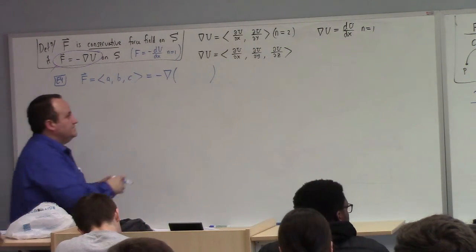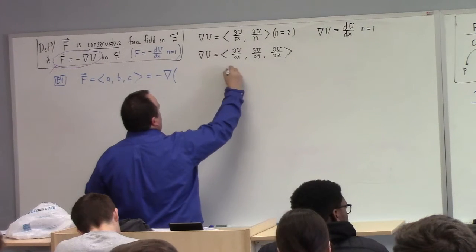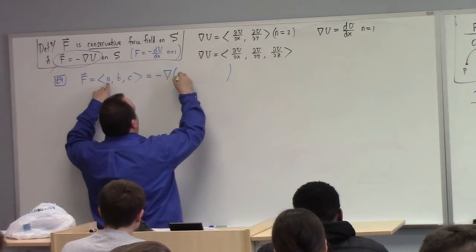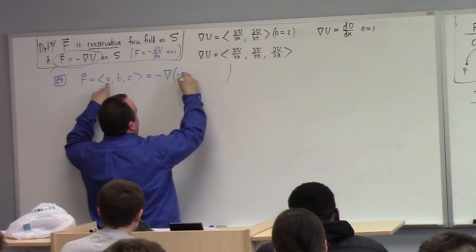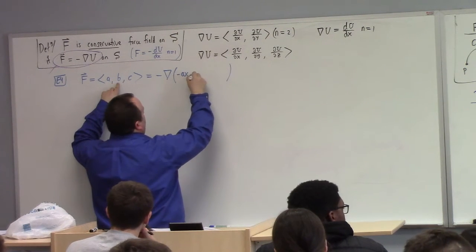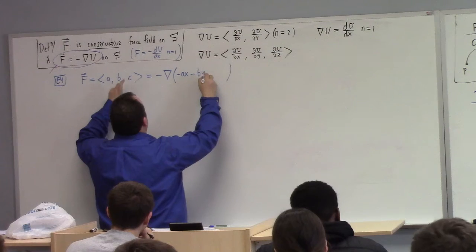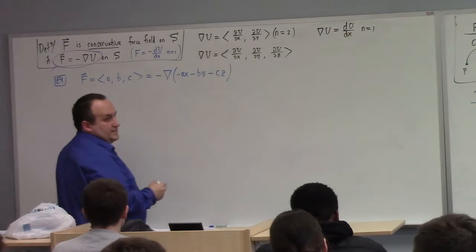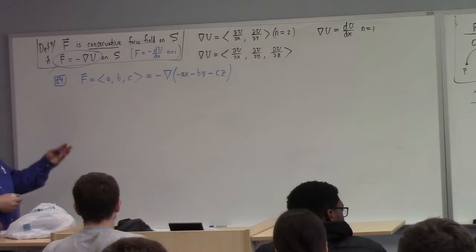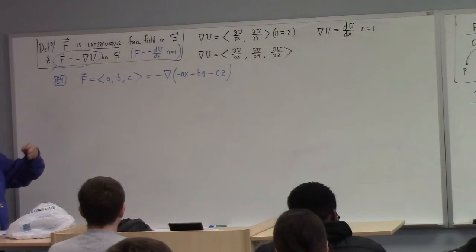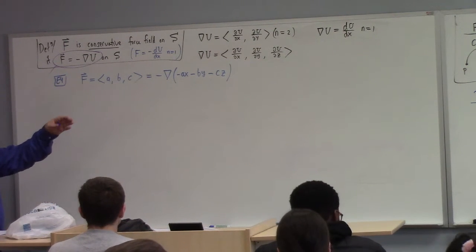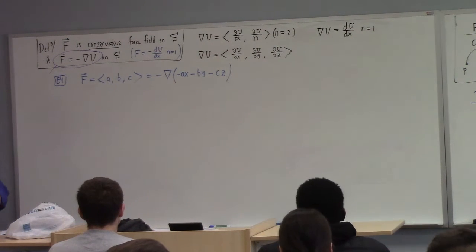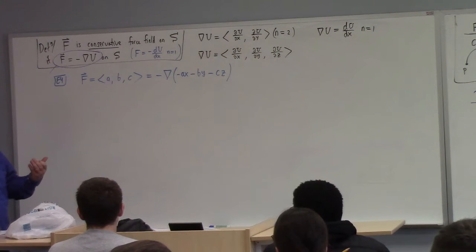Let me get us started. Let me suggest that to get that A, I need a minus AX minus BY minus CZ. That's what I get from integrating partial U partial X equals minus A, partial U partial Y equals minus B, partial U partial Z equals minus C. Listen, it's anti-differentiation, right?